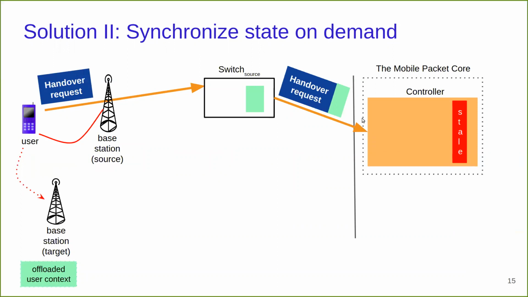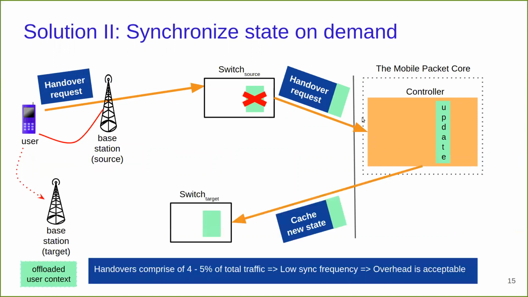The controller updates the user context at the core and marks the switch state as invalid. After the handover message processing is completed, the new state is pushed at the switch at the new location. State synchronization adds processing overhead. But since handovers comprise only 4 to 5% of total signaling traffic, this overhead is acceptable. Note that the core should not offload processing for users with high handover rates.